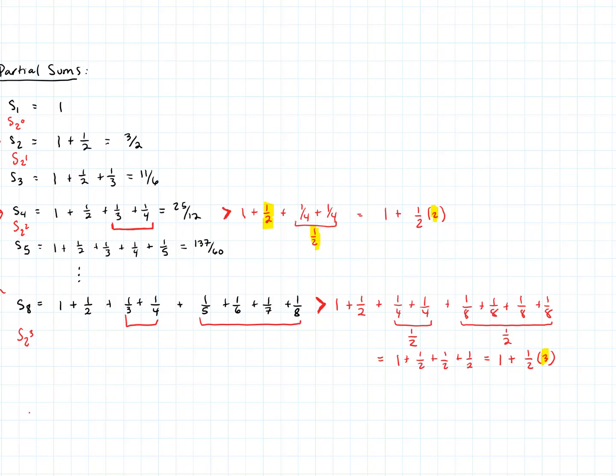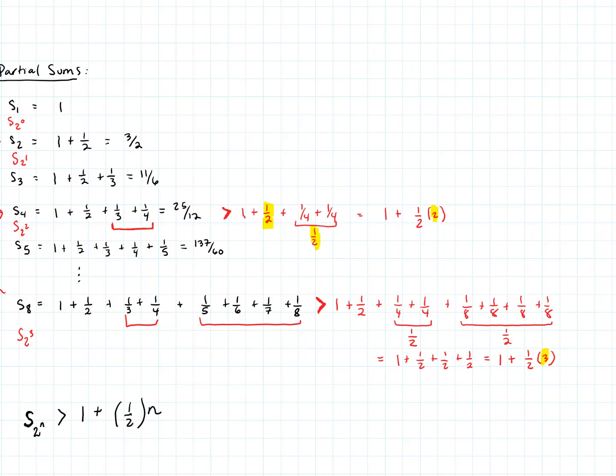We can actually say this. If we look at these partial sums and focus in on just those partial sums where we end up with 2 to the nth, the partial sum at 2 to the nth has to not only be equal to, it actually has to be greater than 1 plus 1/2 times n.